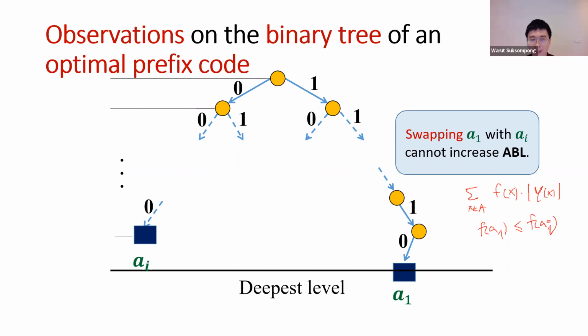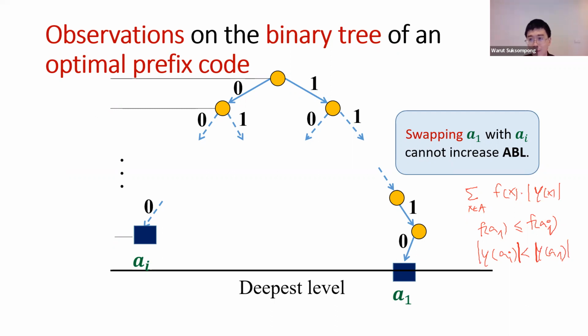Suppose at first that gamma of AI, the depth of AI, is less than the depth of A1. Then what you can do is swap these two nodes.